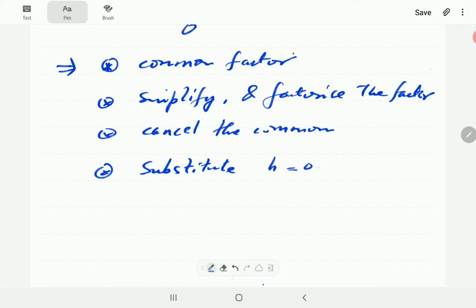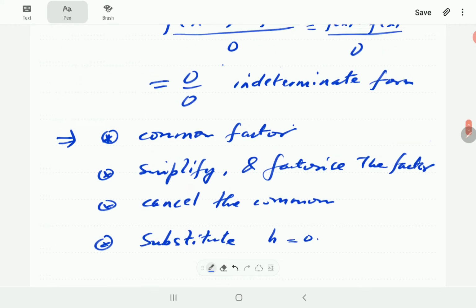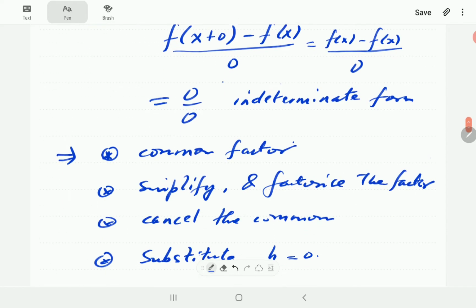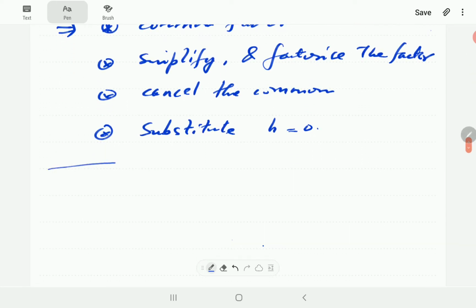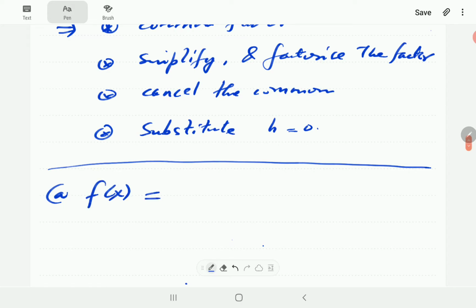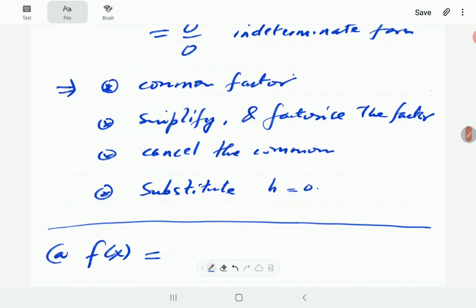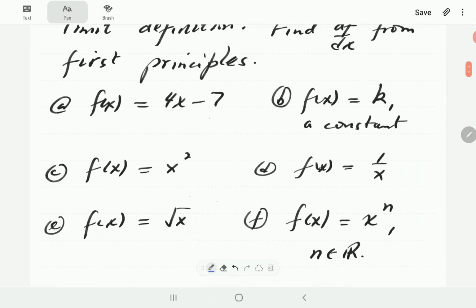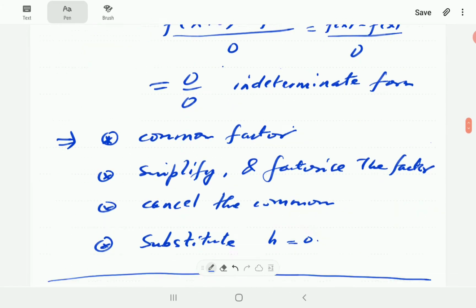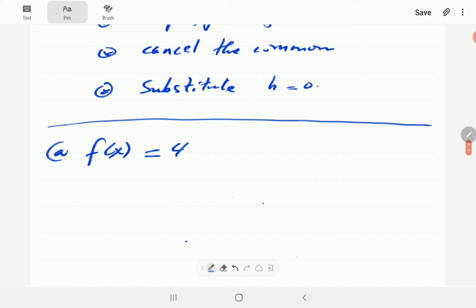In this case, we're going to substitute h equals 0 because we're doing the limit as h goes to 0. So that's a bit of background, but otherwise it's going to be helpful for you to have a look at our videos on limits. So for example number a, we have f of x equal to 4x minus 7.